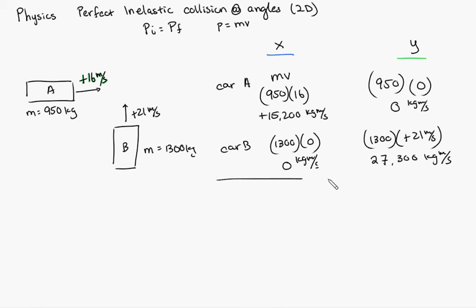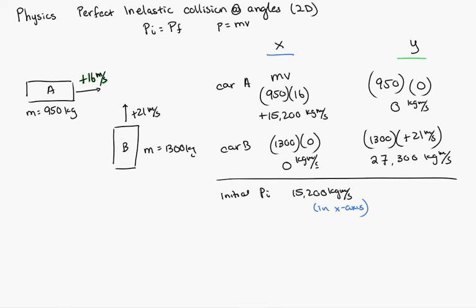But we want to know the initial momentum, p_i. So we're going to do it for all of this. You add these two together. 15,200 plus 0 gives us 15,200 kilogram meters per second in the x direction, in the x axis.